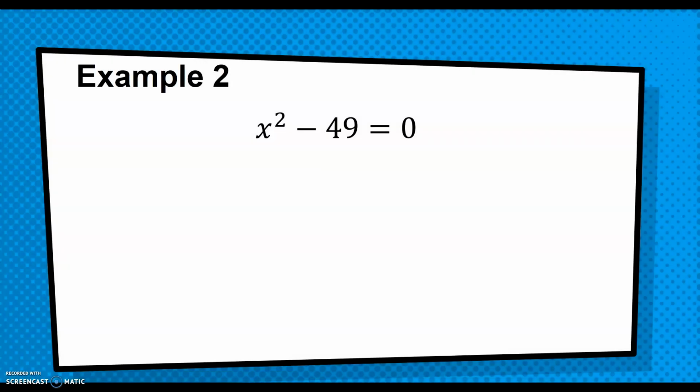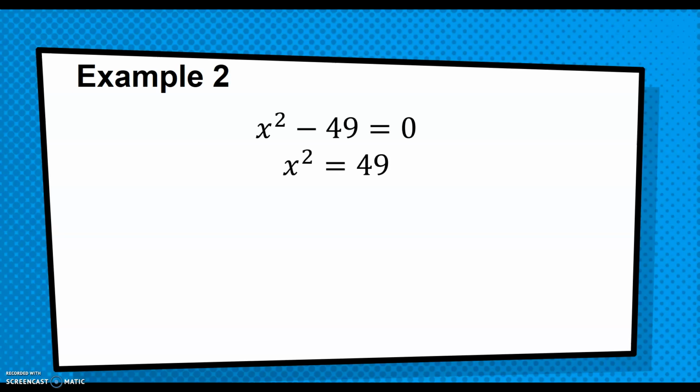Example 2, x squared minus 49 equals 0. Well, I don't have just something being squared on the left-hand side. I also have that minus 49. So I have to get rid of that. And so I'm going to use my equation solving strategies, and I'm going to add 49 to both sides. So when I do that, I get x squared equals 49.